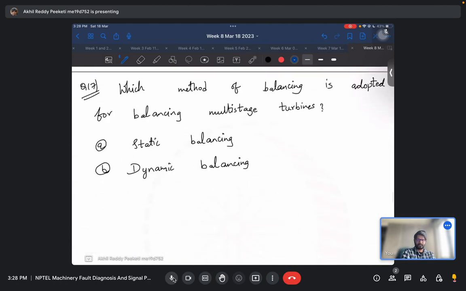Next question. Which method of balancing is suitable for balancing these multi-stage turbines? Static balancing or dynamic balancing? So you have these forces in multiple axial planes. What technique will you need to use?